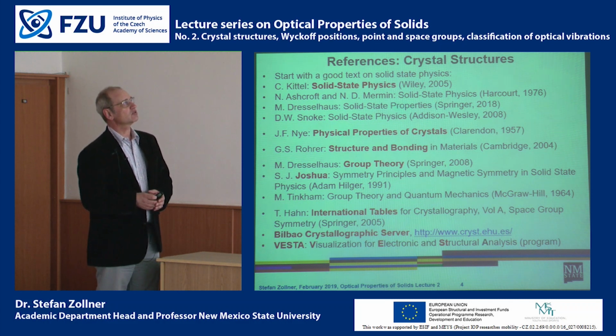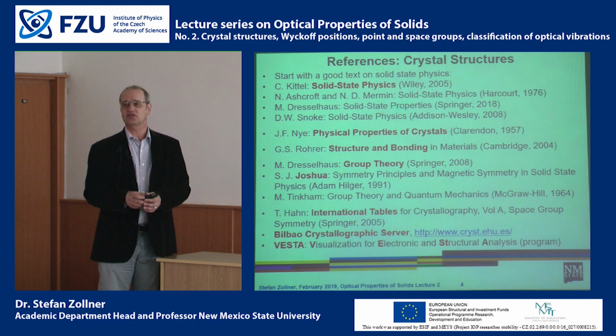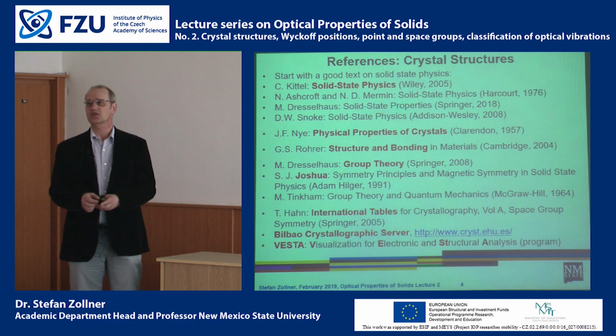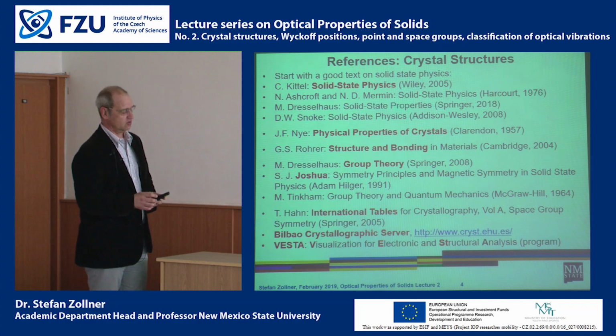There's a new book out that I haven't seen yet by Millie Dresselhaus. Part 3 of that book deals with optical properties, and that part is pretty good. I also have used David Snoke's book on solid-state physics. He was a postdoc at the Cardona group in Stuttgart, so he's sort of related to what I'm doing.